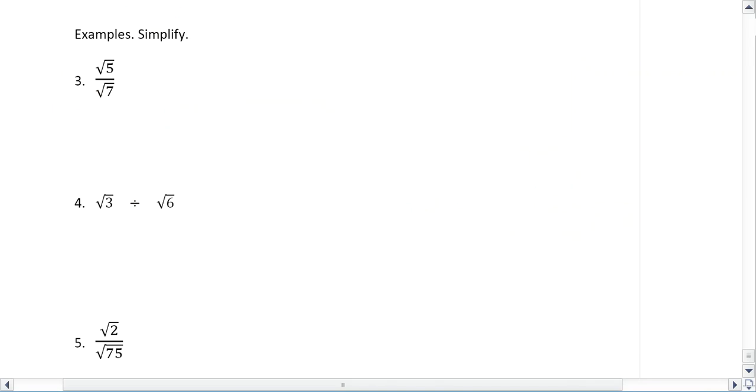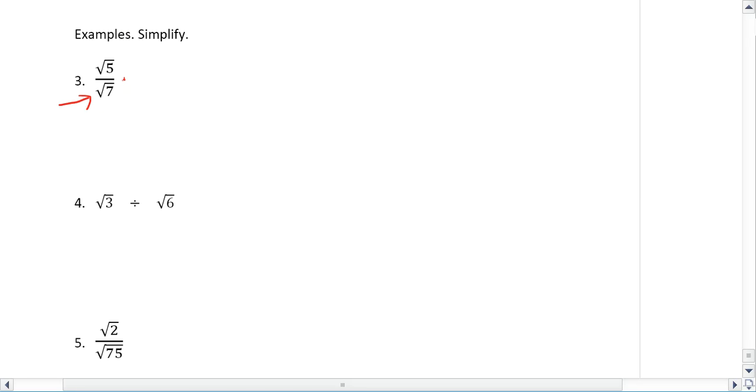Now example 3 is not simplified because we have a problem. We have a square root in the denominator, and we cannot divide by that irrational number. So we're going to multiply this fraction times 1, except that didn't change anything. So let's choose a different way to write this 1 that's going to help us.